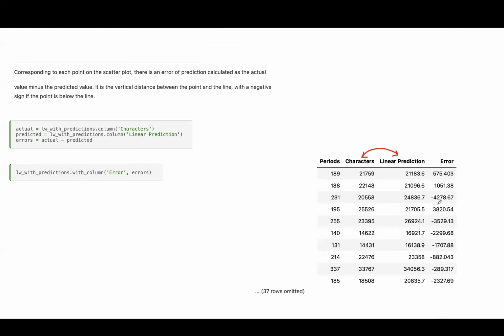Some of them are positive, some of them are negative. So these are the collection of errors, and some of them are not written here. We can use the slope and intercept functions to calculate the slope and intercept of the fitted line.